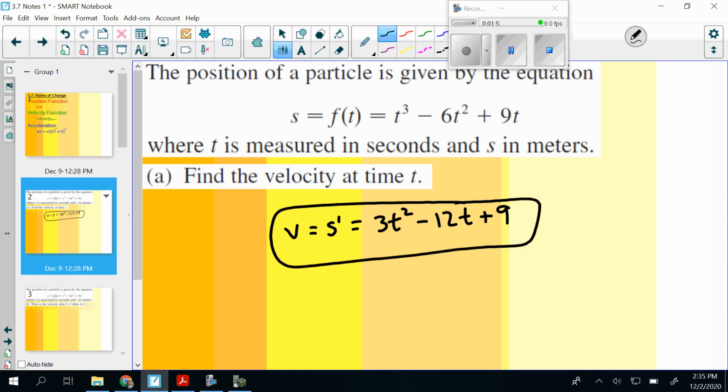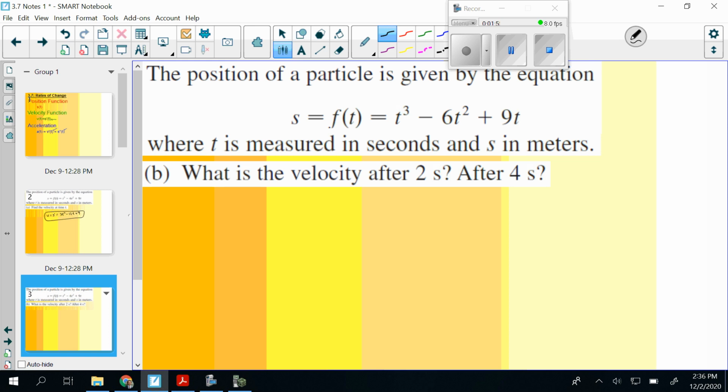And the next part of this question does ask us to find a couple of the velocities. So what makes it easy now is if we take that velocity function we just had and we plug in any time. So let's do 2 here. What is the velocity at 2 seconds? Well, just plug in 2 for all the times, and we should get it.